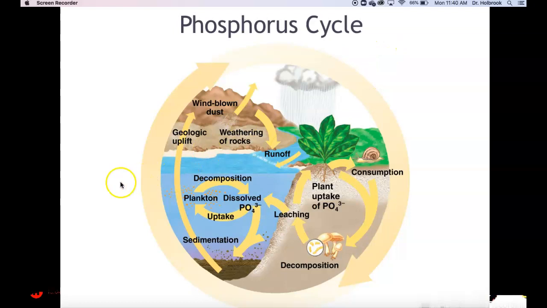So yeah, phosphorus is important. I can't think of any real environmental impacts that humans are having on the phosphorus cycle like I can with the carbon cycle and the nitrogen cycle. So just so you know what it is and where it's found and that it's very important. Who knew rocks were so important, right? And so that's the overview of the 4 biogeochemical cycles that environmental scientists study.